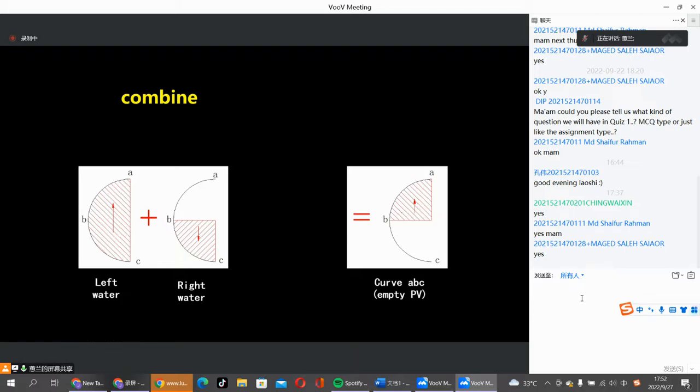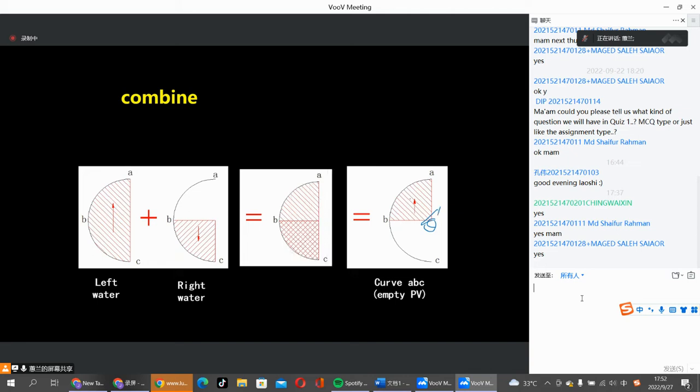Finally, the vertical force on curve ABC is actually equal to the weight of the fluid block B. This is the vertical force.